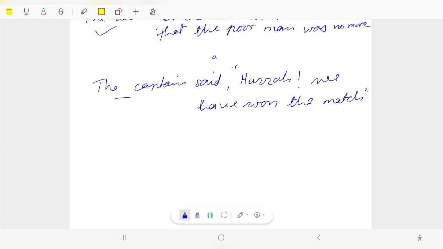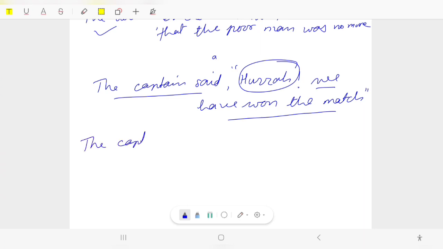The captain said, "Hooray, we have won the match." What does this word express? Happiness, joy. So we'll write here, the captain exclaimed with joy or happiness. The captain exclaimed with joy. Hooray removed, comma, inverted comma removed, and at that place use the word that. So what's left now? We have won the match.